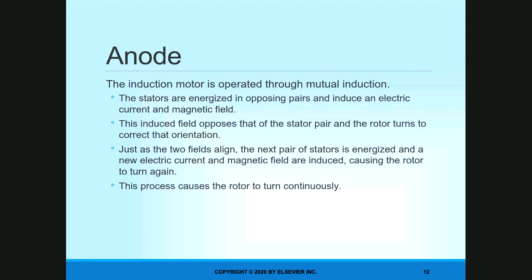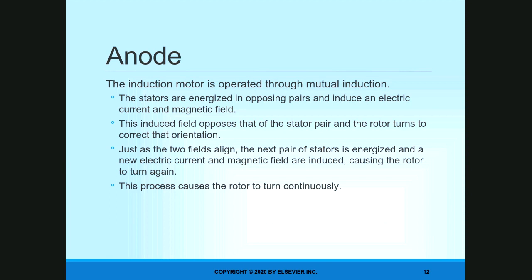Now, the induction motor is actually operated through what is called mutual induction. The stators get energized and create an electric current in the rotor that creates a magnetic field, and that magnetic field is what turns the rotor.